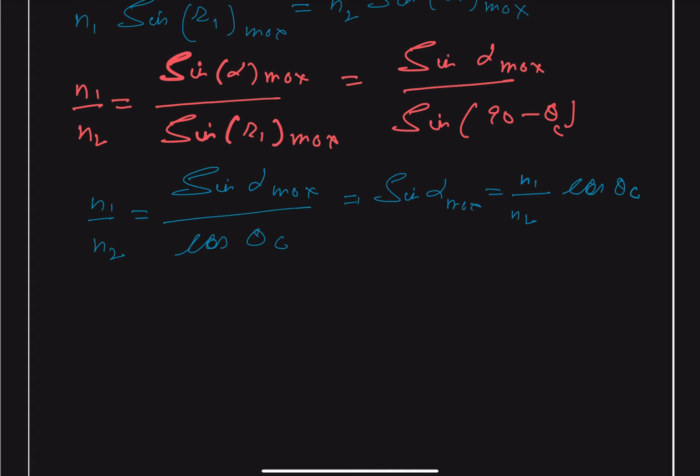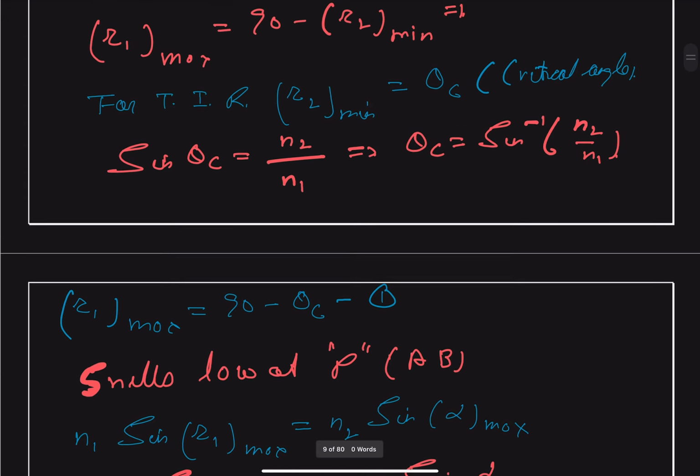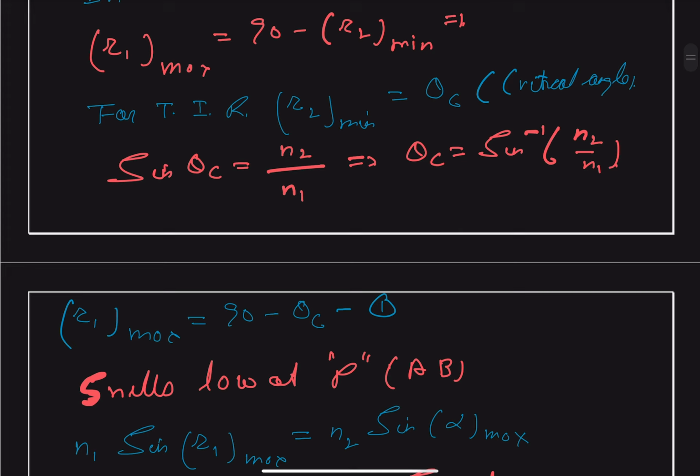Therefore, alpha max will be equal to sine inverse of N1 by N2 cos of theta c, and theta c is sine inverse of N2 by N1.